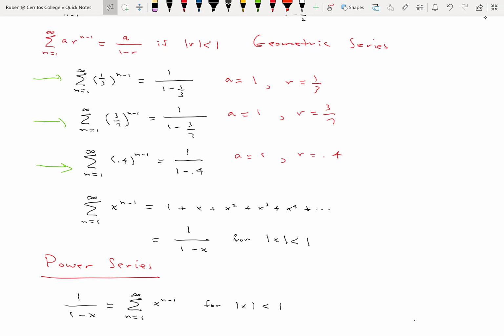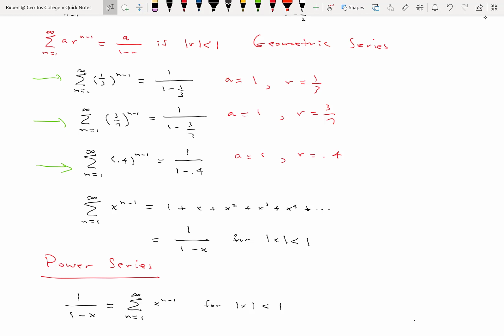I've rewritten a simple function 1 over 1 minus x as a power series, as the sum of an infinite number of powers of x. And that's the whole idea with this section and the next one coming up.